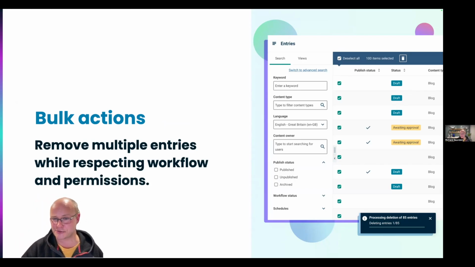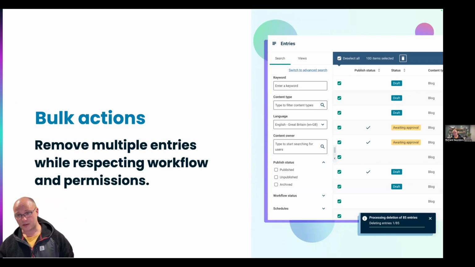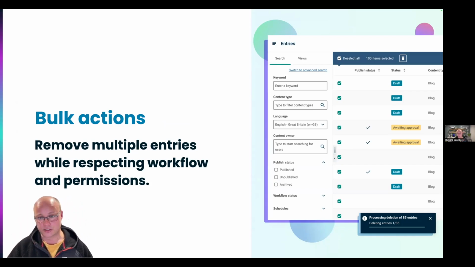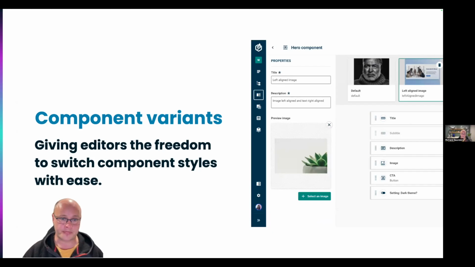Entries have an additional complexity of language variations and different permissions that you may or may not have for grouping a bulk delete. So it will all be respecting those permissions. So that's ongoing, and following that will result in other bulk actions as well, archive, unpublish, setting content owner and such. So look out for that in the new year.